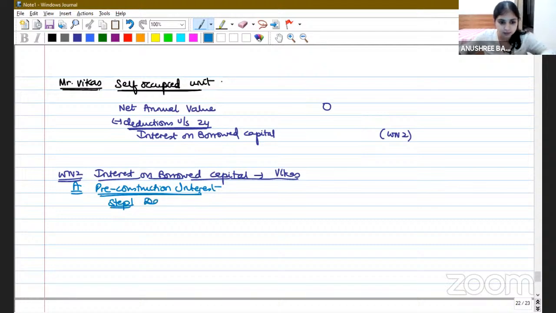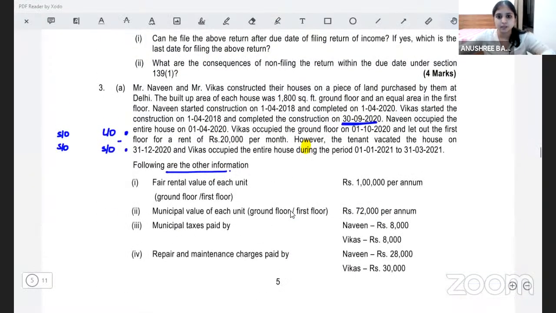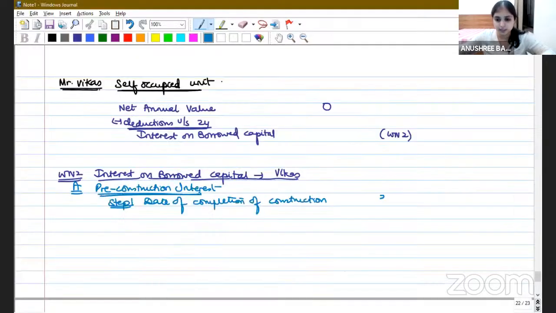Date of completion of construction. When did Mr. Vikas complete the construction? 30th September 2020. What is step 2? 31st March.